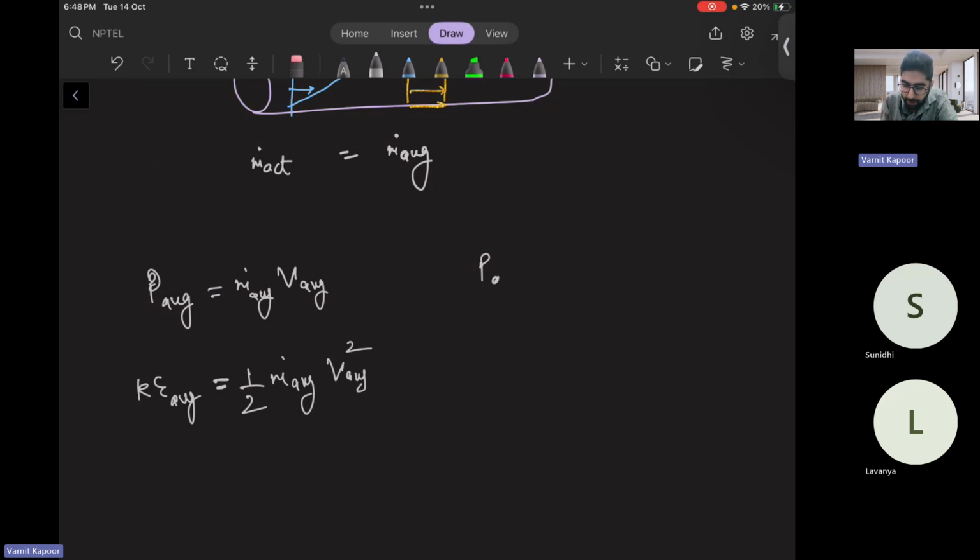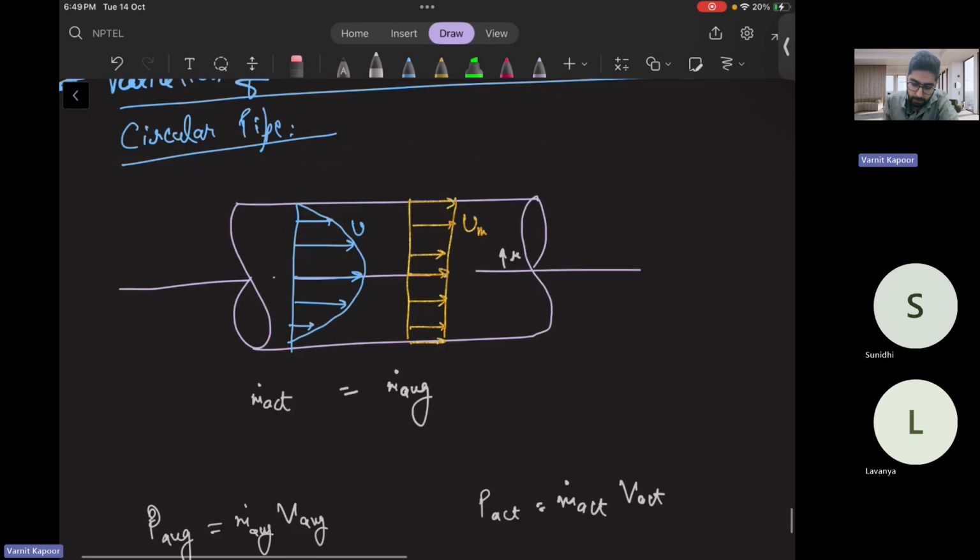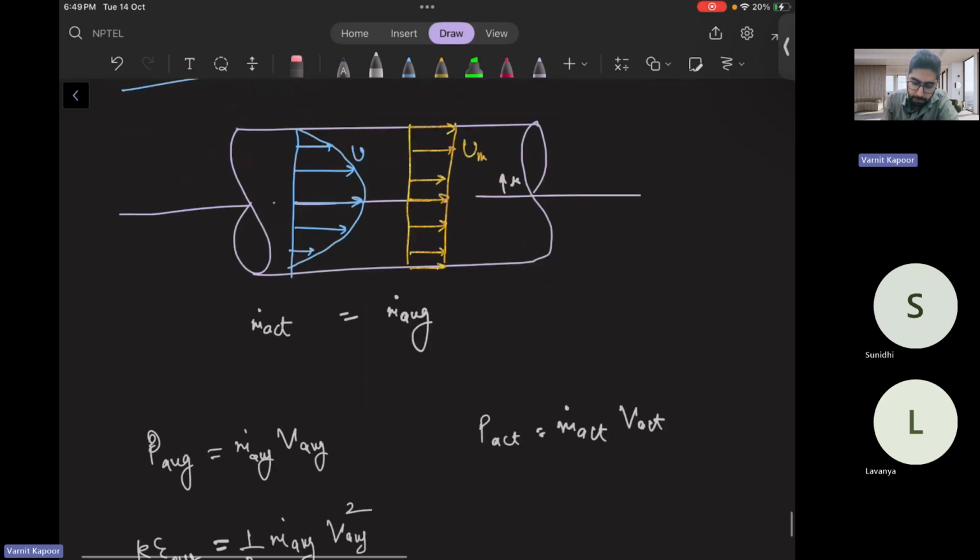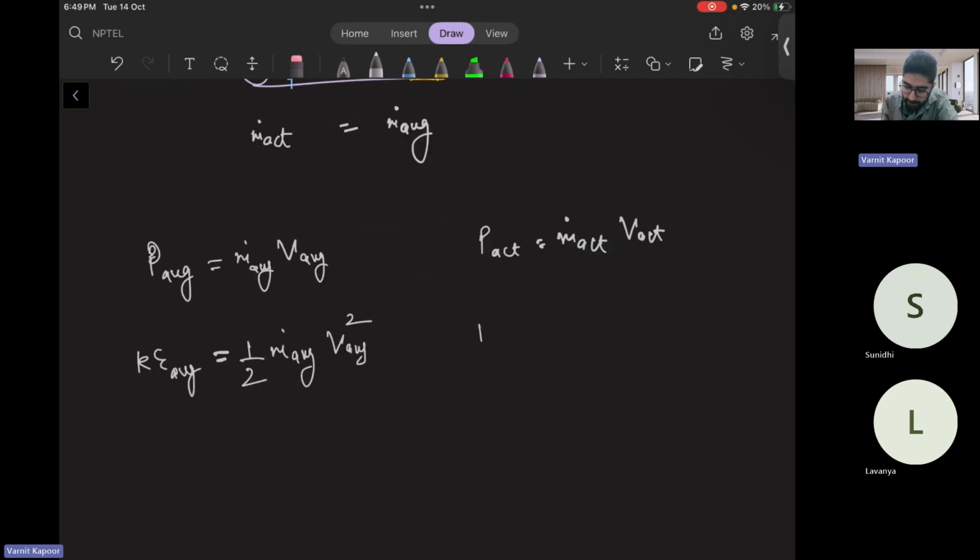What will be momentum actual? It will be mass flow rate actual into V actual. So let me write here like this: V average, and this is your V actual. And kinetic energy actual will be half mass flow rate actual V actual square.